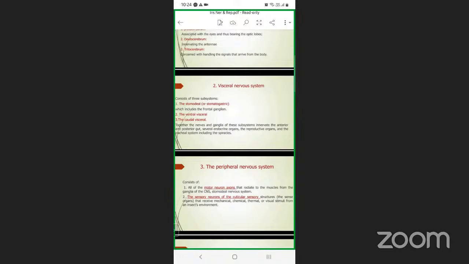And here we will also see the tracts of olfactory fibers connected to the antennal lobes and the corpora pedunculata. And we also explain about the tritocerebrum, which is the smallest part of the brain.